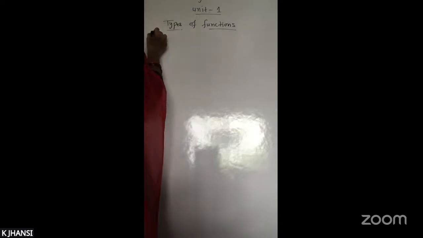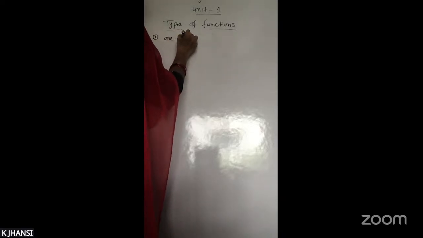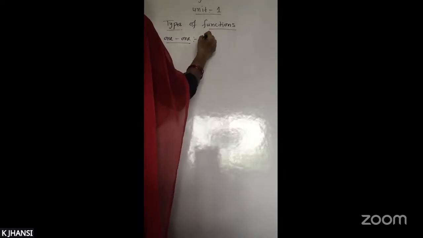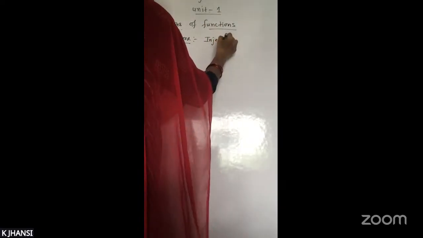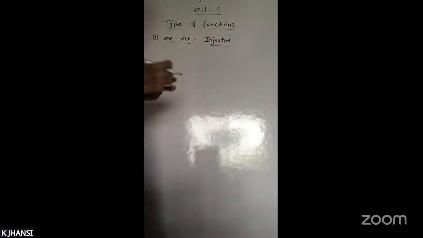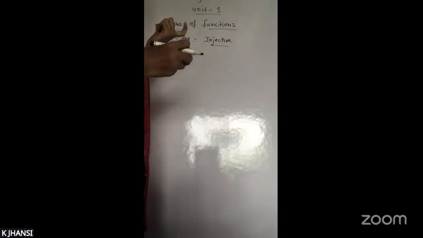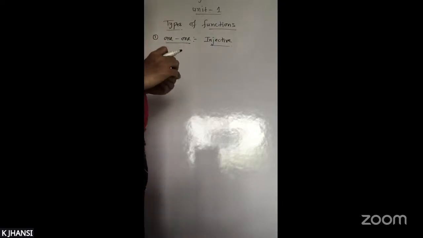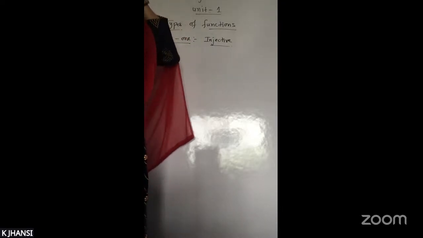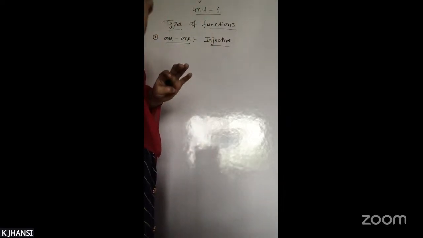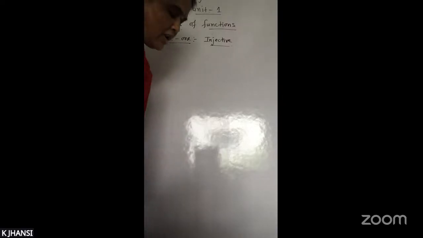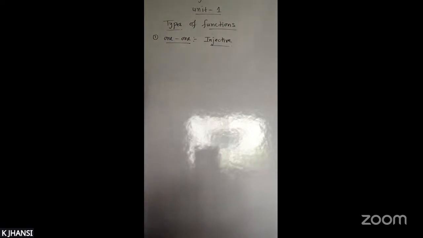It is also called an injective function. When we call it a one-to-one function means each and every element of set A should have a distinct element in set B. Compulsorily, one element from set A should be mapped with only one element of set B. That is called a one-to-one function.